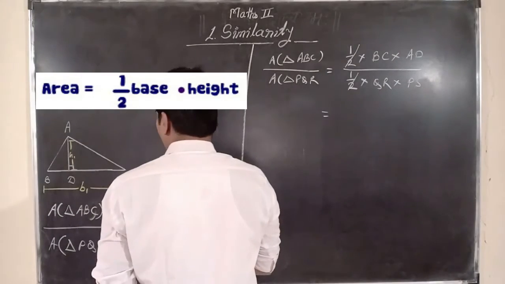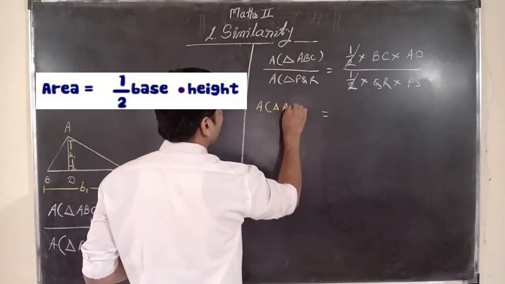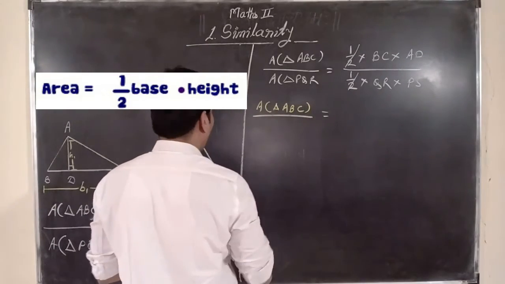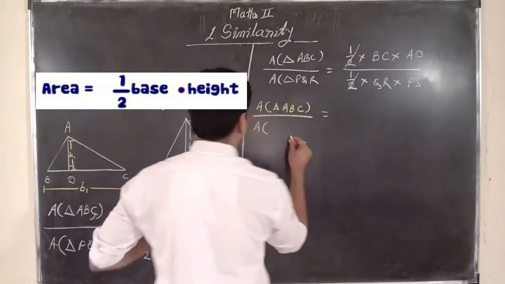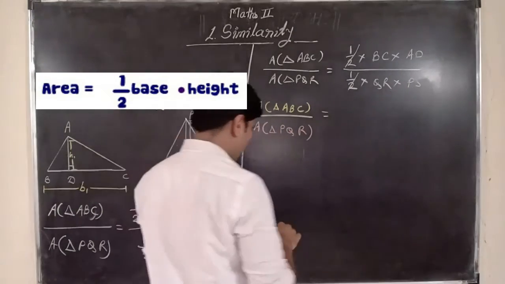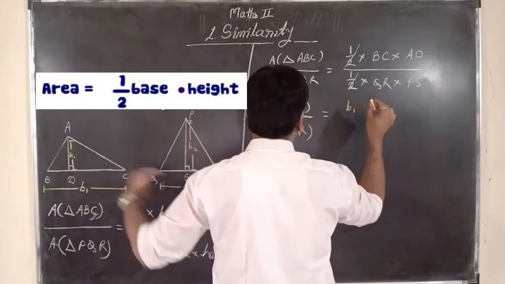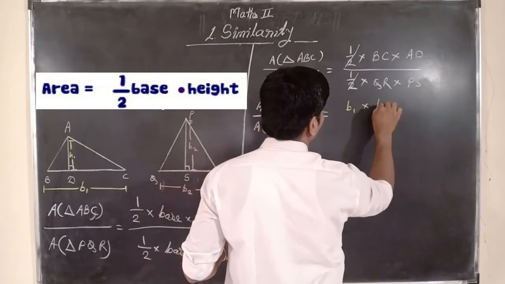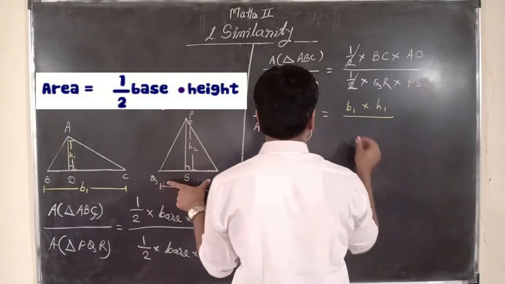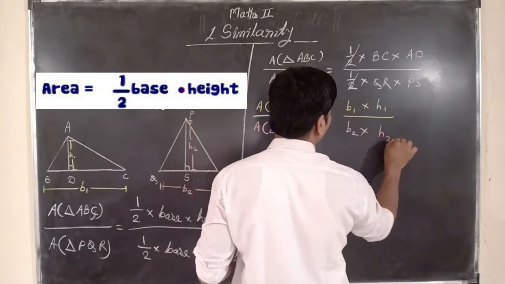Therefore, area of triangle ABC upon area of triangle PQR is equal to base of first triangle into height of first triangle, upon, in the denominator, base of second triangle into height of second triangle.